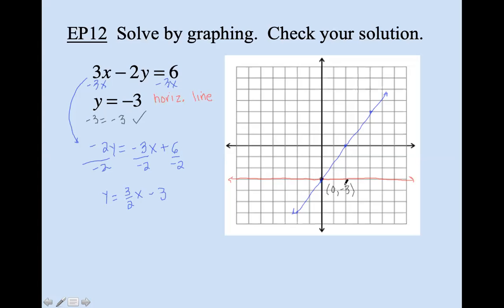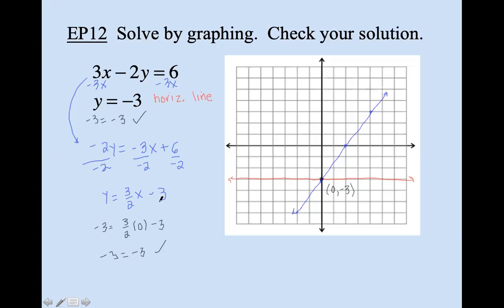And now let's take this ordered pair and plug it into this one and see if it works. So is negative 3 equal to 3/2 times 0 minus 3? Well, 3/2 times 0 is just 0. Negative 3 is equal to negative 3, so it works in that one.